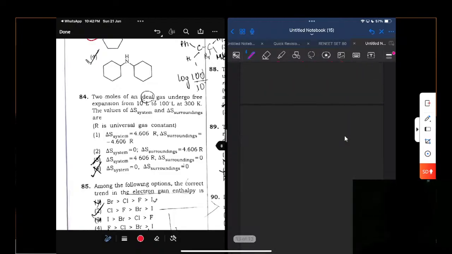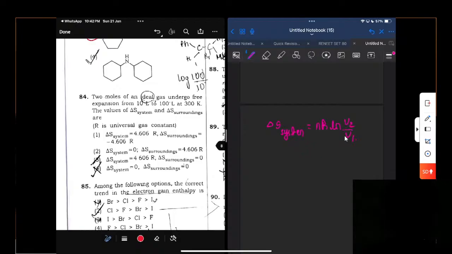Next question. 2 moles of an ideal gas undergo free expansion from 10 liter to 100 liter at 300 Kelvin. The values of delta S system and delta S surroundings are. So we know delta S of system is equal to nR ln V2 by V1.